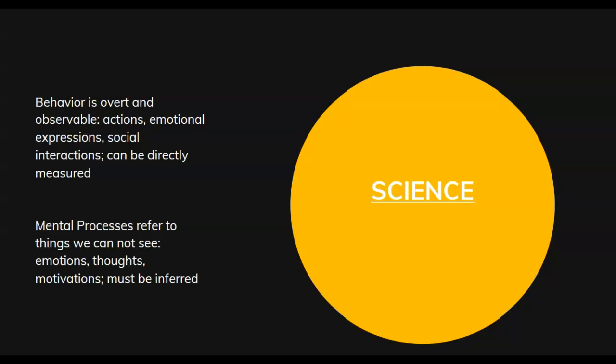As you're taking the test, we can't see the decision making that's going on inside your head as you decide to circle A, B, C, or D. Right? We can't see the problem solving going on in your head as you think how to answer a math problem or formulate an answer to an essay. But we can see your actual answer. And so that's how we measure mental processes.